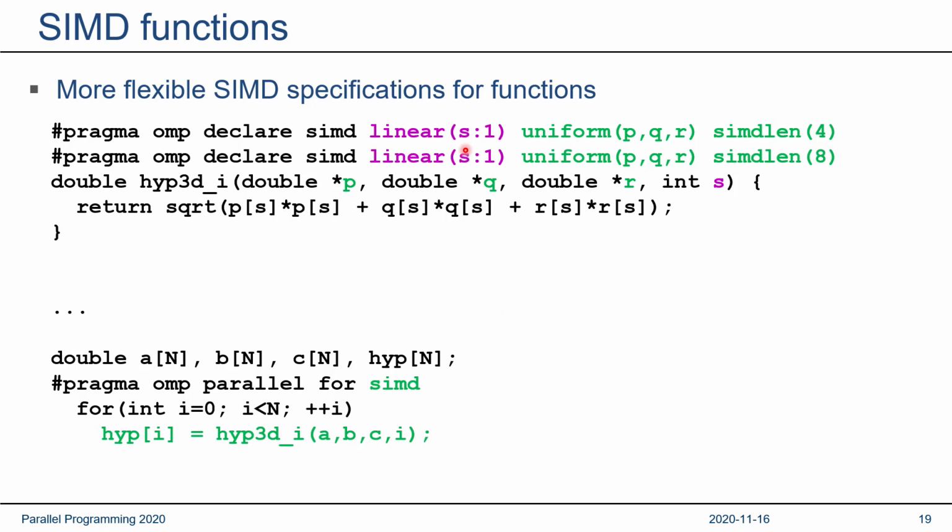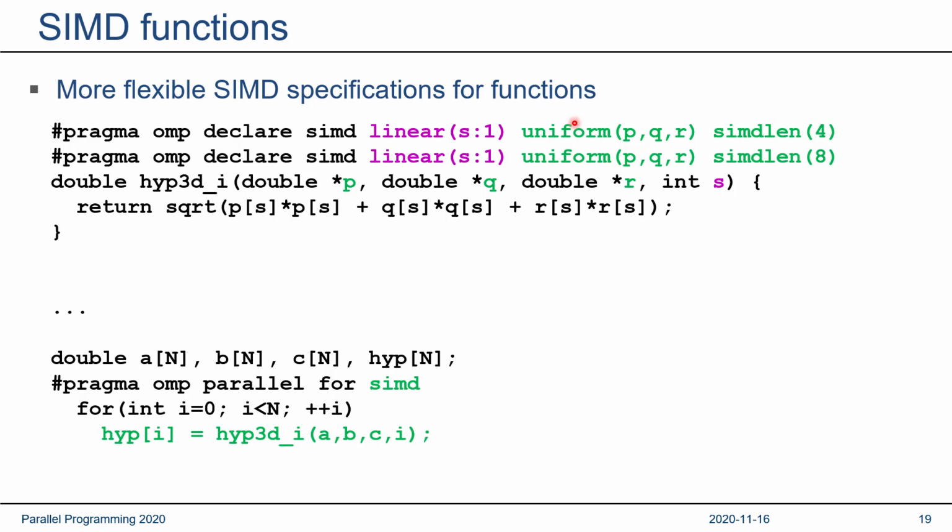This is done by the linear and uniform clauses up here when we declare the function. So linear S1 means that the S index has a linear relationship to the vectorization direction in this case, and that it's incremented by 1 in each scalar iteration of the loop. So then the compiler knows what to do with this S. It has to be incremented for the next SIMD lane in the sequence.